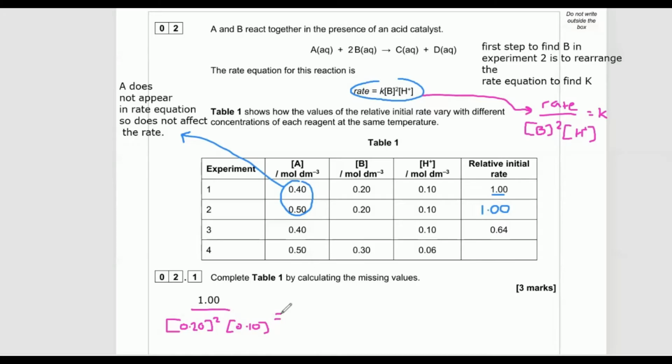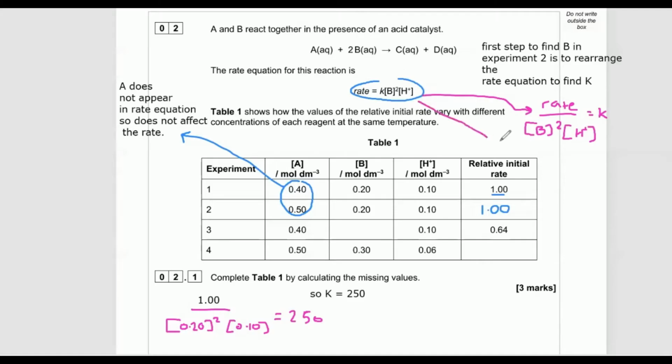So we're going to do 1 over 0.20 squared multiplied by 0.10. We use experiment 1 or 2 to find K because we have all the data. And so we can see that K is going to be 250. So K is 250.